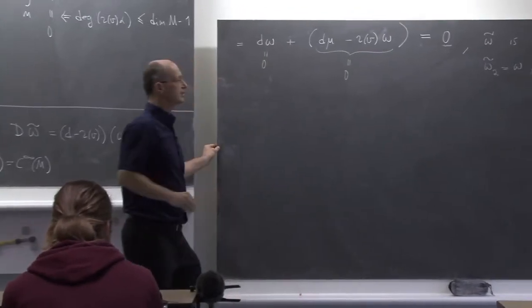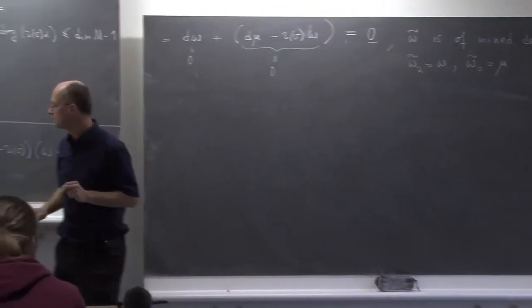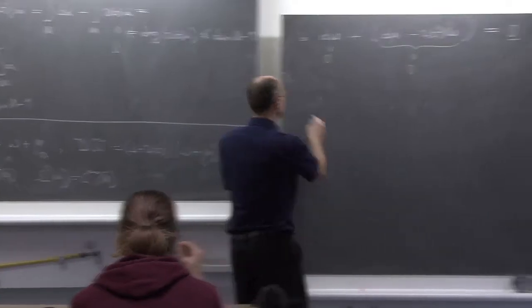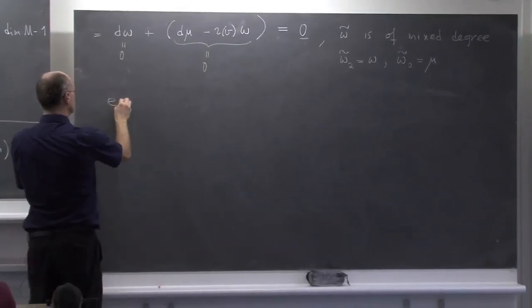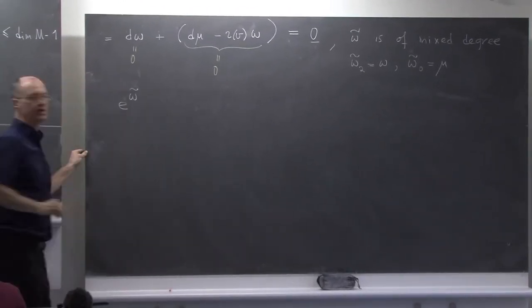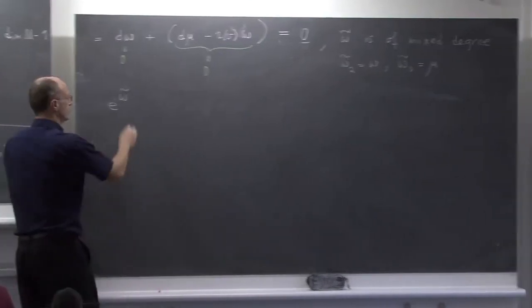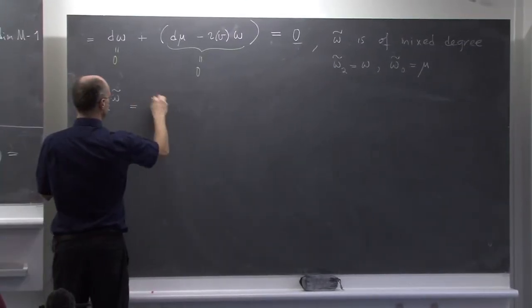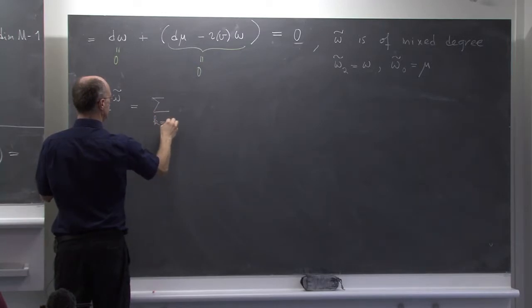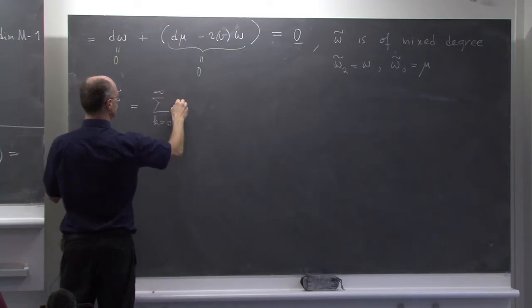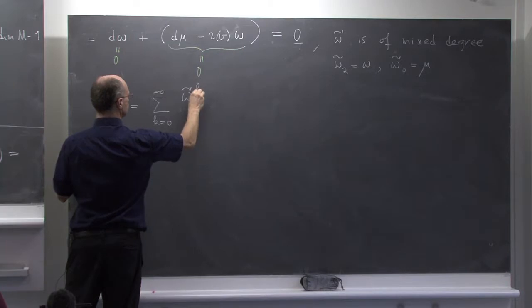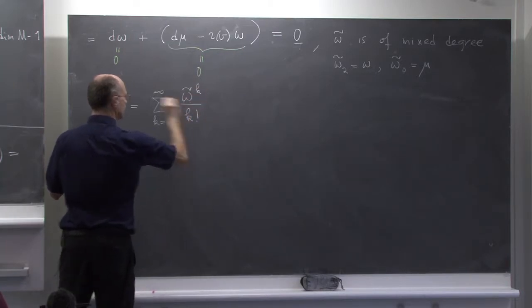Now, since we started working with forms of mixed degree, what we can also do, we can define an exponential of omega tilde. So just by definition, this is a sum k from 0 to infinity, omega tilde to the k over k factorial.